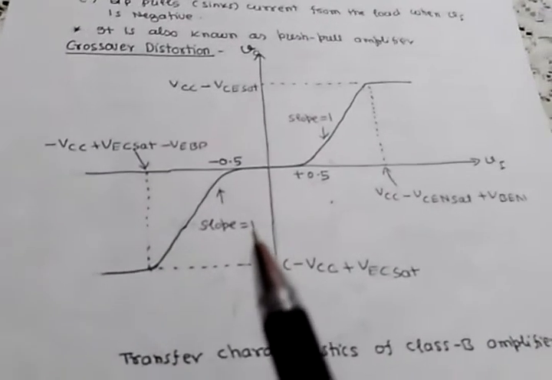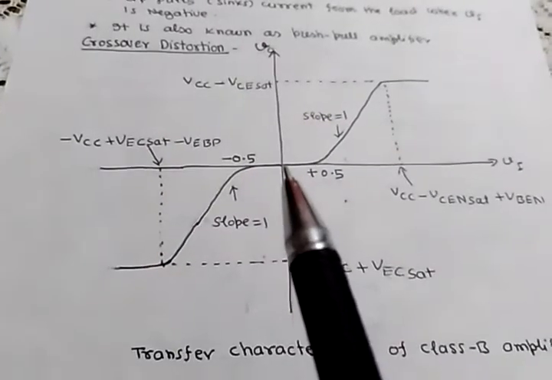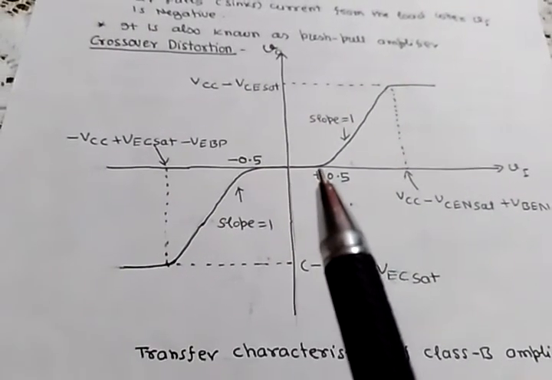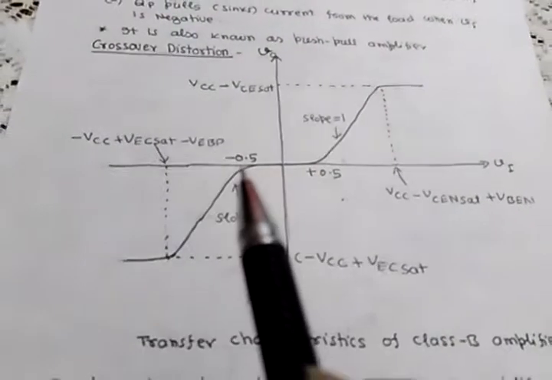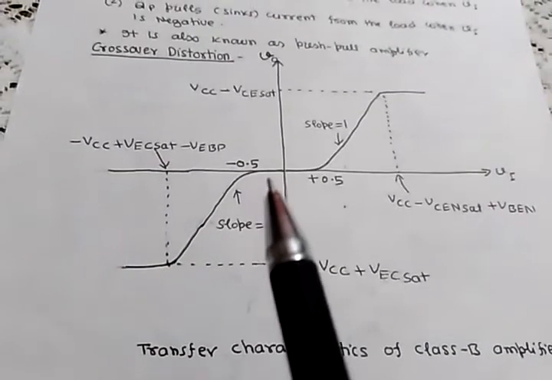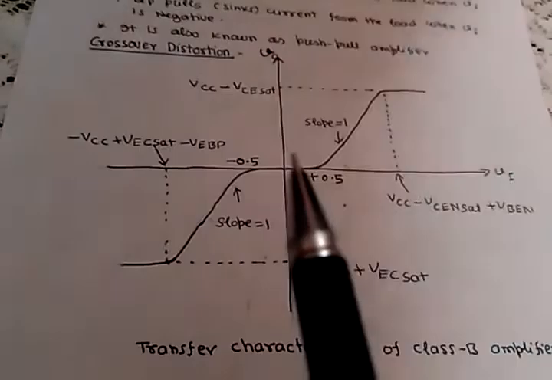From this transfer characteristics, it is clear that when the input signal is below 0.5 volt, either in the positive direction or in the negative direction, there is no output.